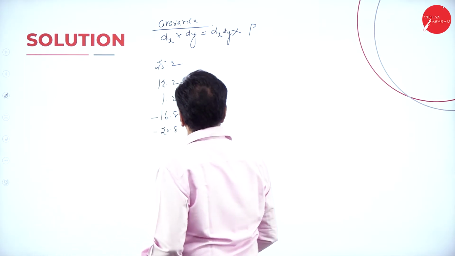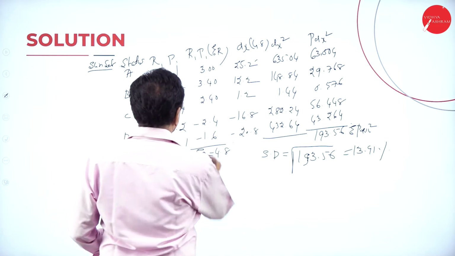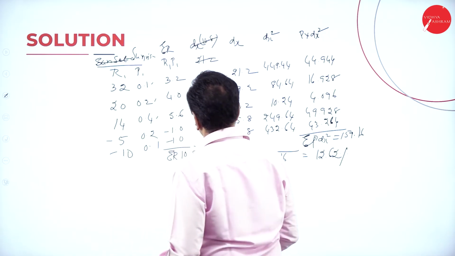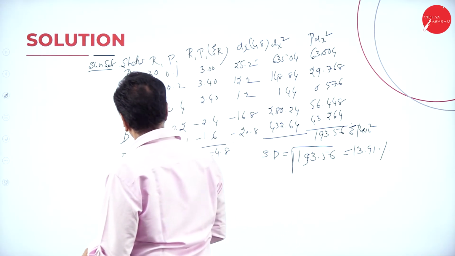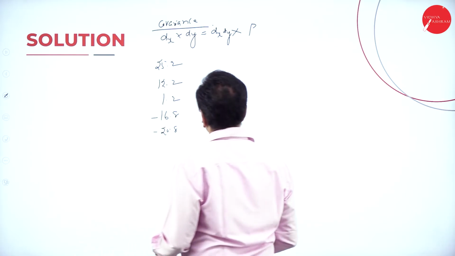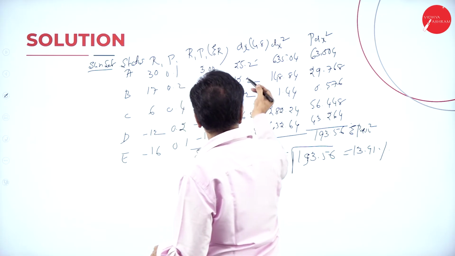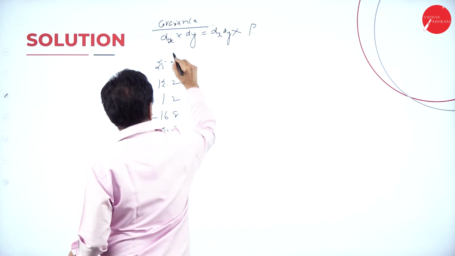What's your dy now? Here, first one, 21.2. This is sunset. This is your dy.